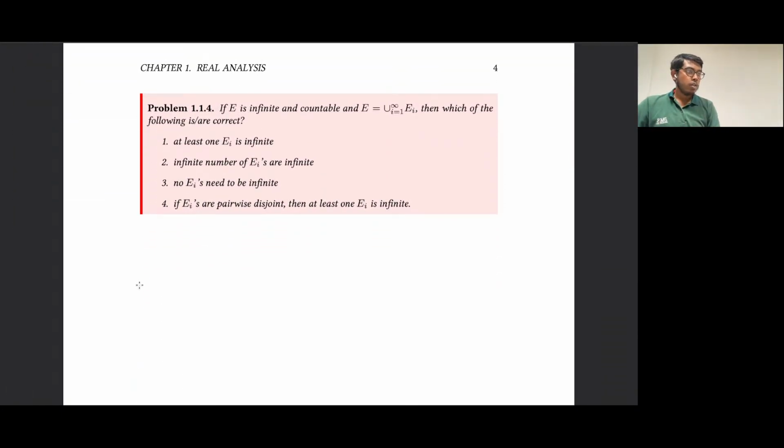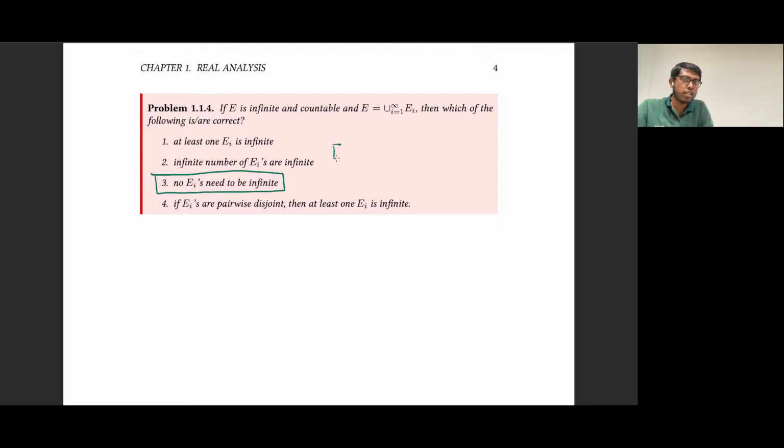So if E is an infinite set and it's countable, and let's say E is equal to the union of E_i, then which of the following are correct? So what is your guess? Yeah, option 3. Why?